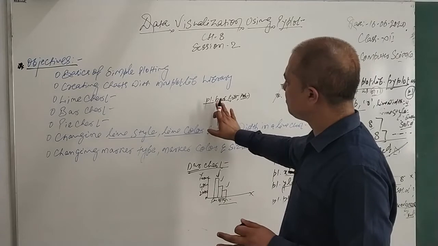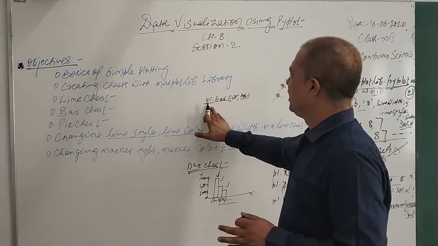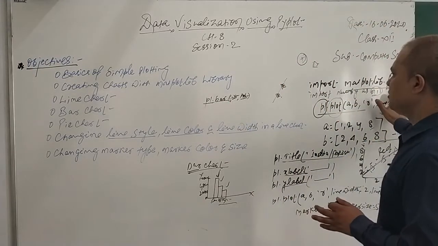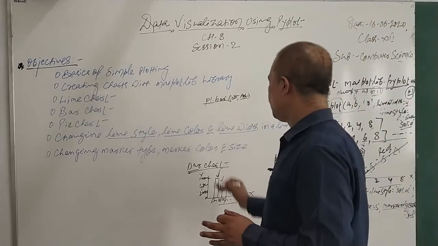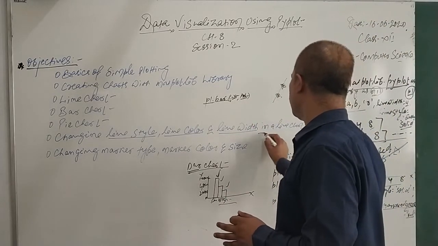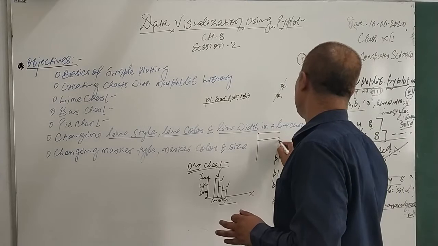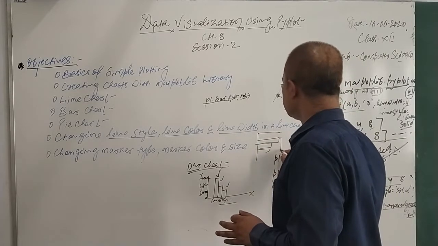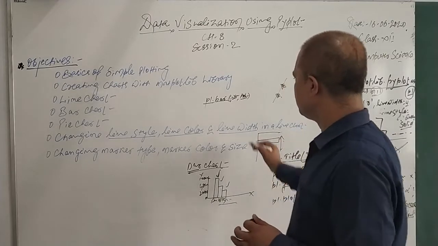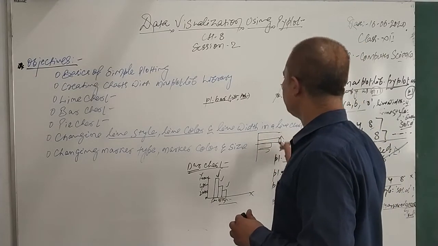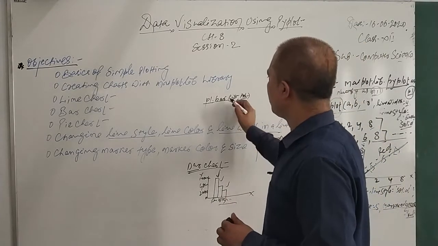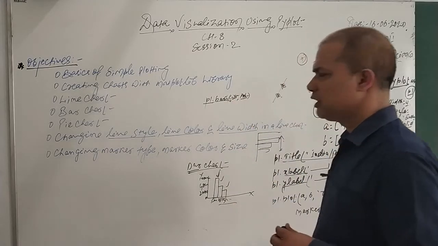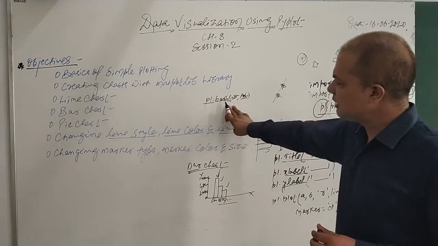But otherwise, the simple method of the Pyplot interface is bar, and if you are drawing horizontally, this way, then this is called a bar graph, and this is called a column graph. For that, you have to use barh, horizontal. Only these two changes are there.